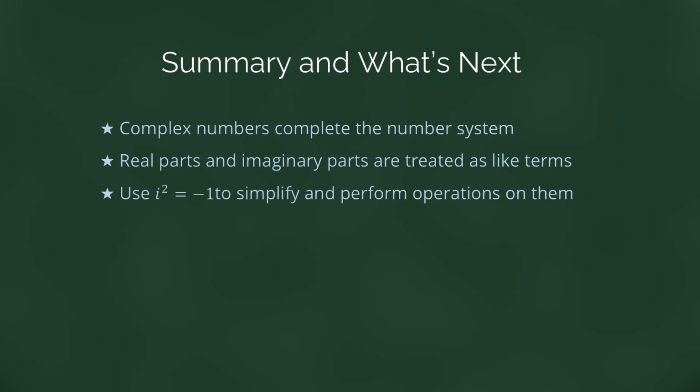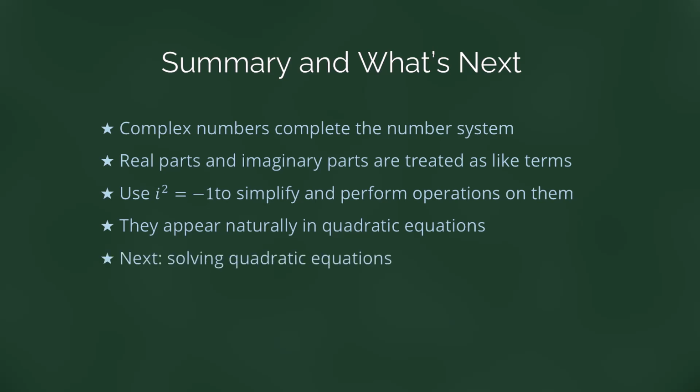We're going to use the fact that i squared is equal to negative 1 to simplify and perform operations on our complex numbers. We'll see eventually that complex numbers appear naturally inside of what we're going to call quadratic equations. So up next, we'll start with learning how to solve quadratic equations and finding out how we can make these complex numbers useful for us.